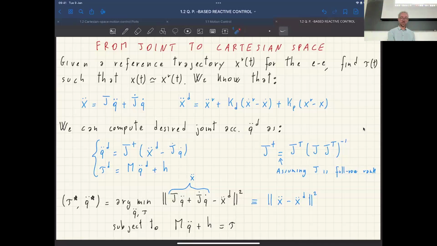So in that case, this system of equations is not going to admit a solution, and so I'm not going to get exactly the desired acceleration that I want. But that's a physical limitation of the robot. It's not a problem with the control algorithm. So as long as I ask the robot to do something that is physically possible, this algorithm works.